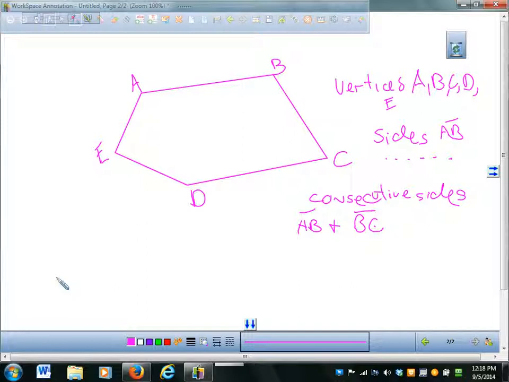Then we're going to talk about some of the names of polygons. A polygon with three sides is called a triangle. Four sides? I'll give you a hint. Quadrilateral. That's why you can go and hang out in the quad, because it has four sides.